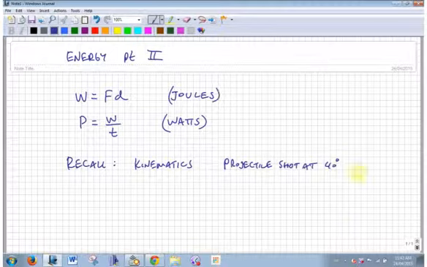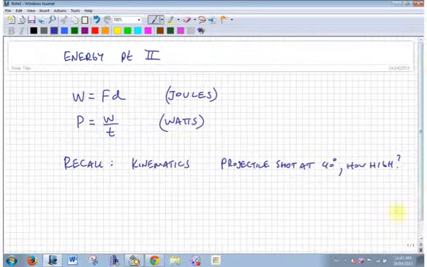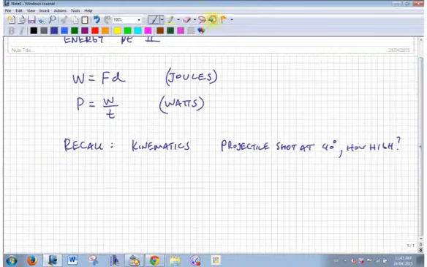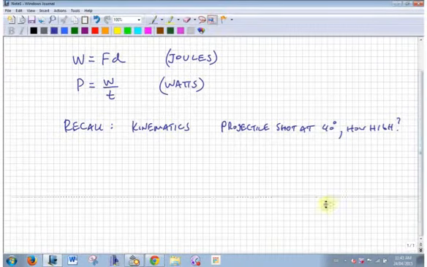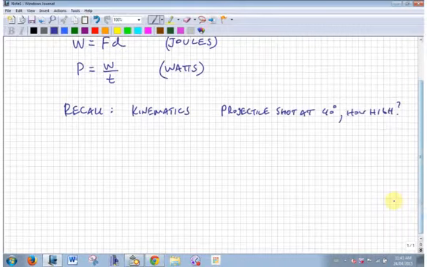I'm not even going to write it. How high does it go? And why is that Physics 12 and not Physics 11? Yeah, because I have components.